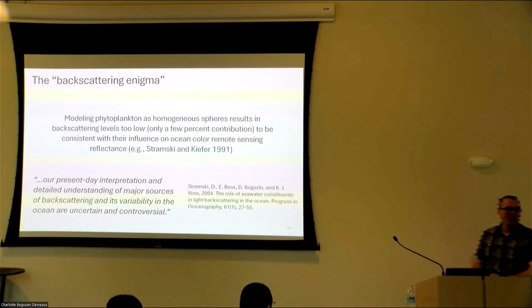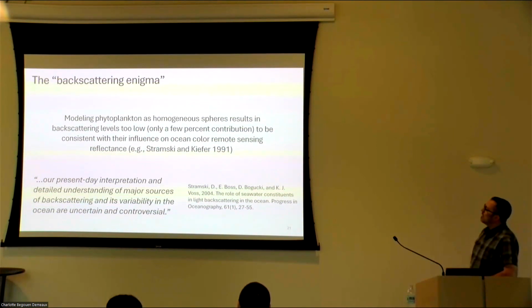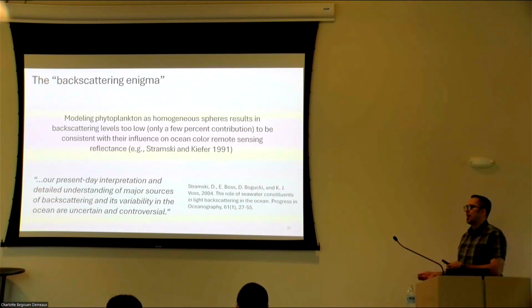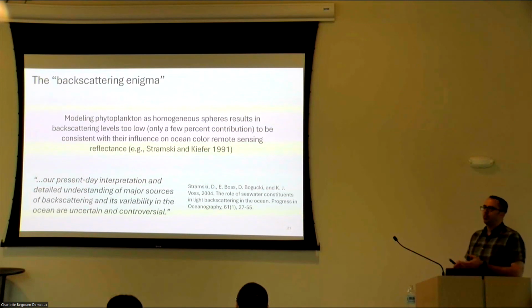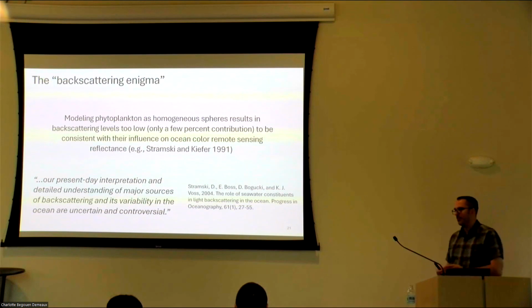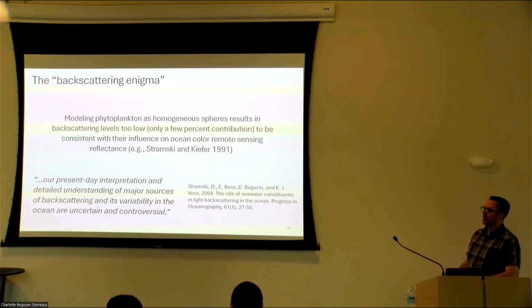There were a lot of hypotheses presented for it. Things like, there's got to be a pool of colloids that scatter more than we expect, because small particles would explain the backscattering, or the shape, or internal complexity of the phytoplankton, or the surface scattering of the phytoplankton.